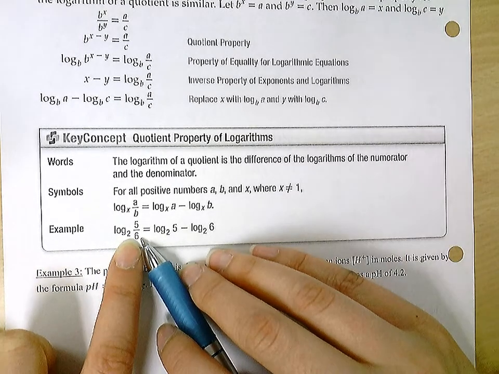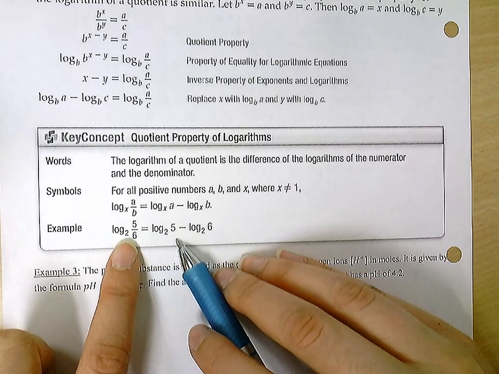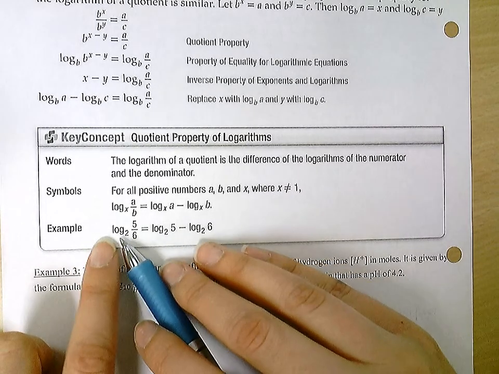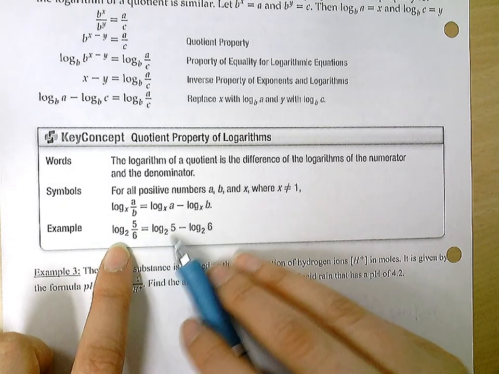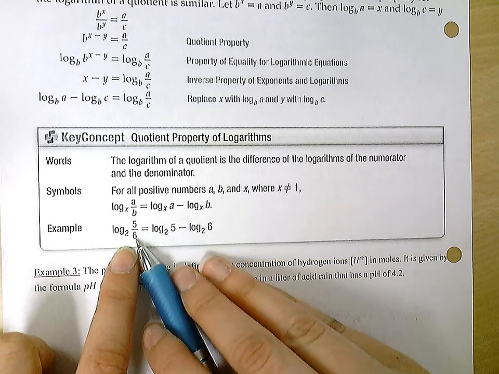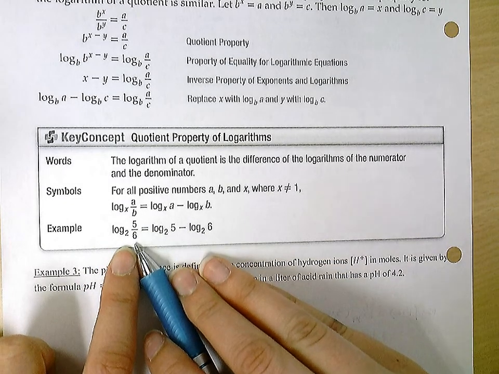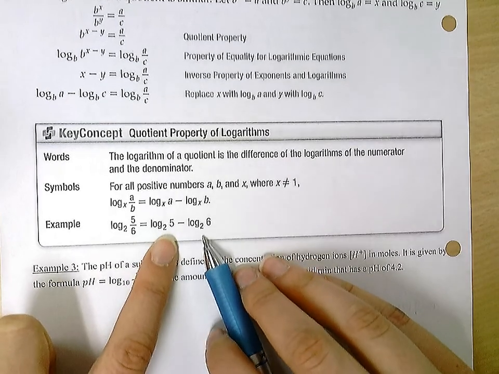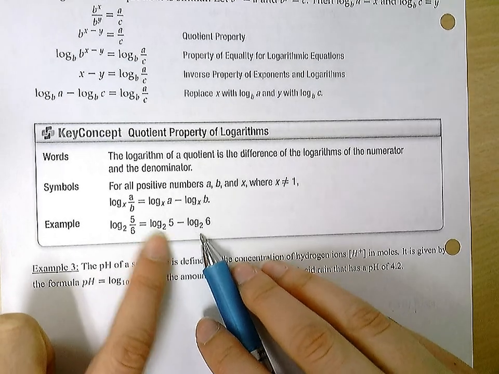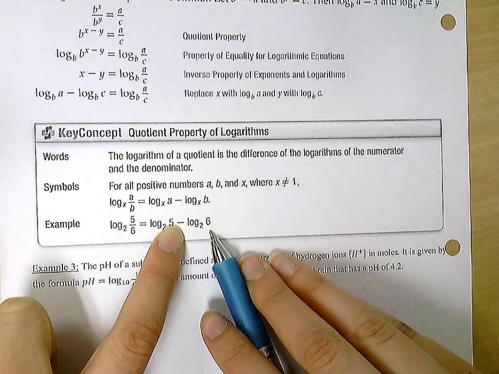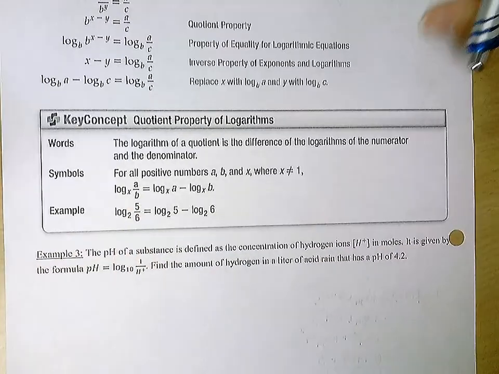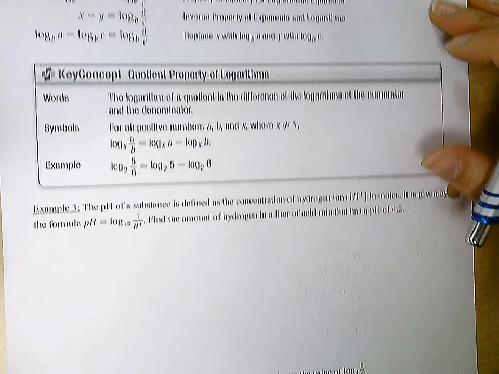Now I can change that fraction into subtraction of 2 logarithms. So I can take log base 2 of 5 and subtract log base 2 of 6, since it's in the denominator. And vice versa, if I have this, I can change this into log base 2 of 5 over 6. So that's what we're going to do.